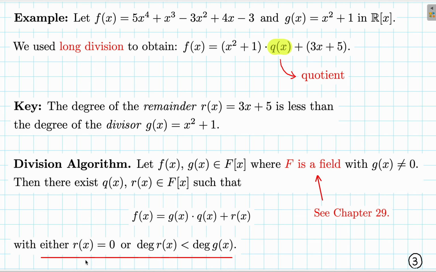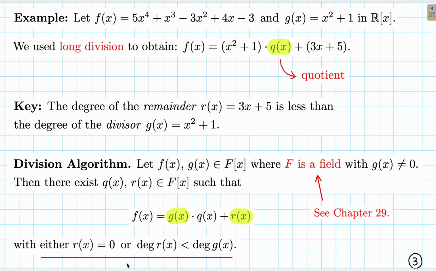In a nutshell, we're saying that our remainder must be strictly less than our divisor. More precisely, the theorem says that the remainder r of x has to be the zero polynomial, or its degree must be less than the degree of the divisor.